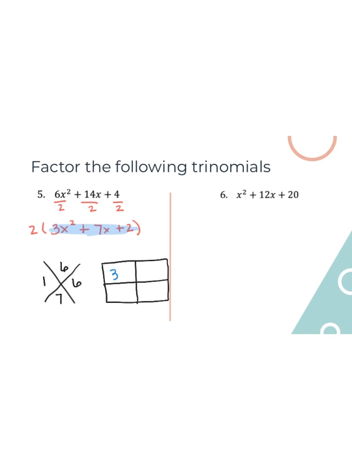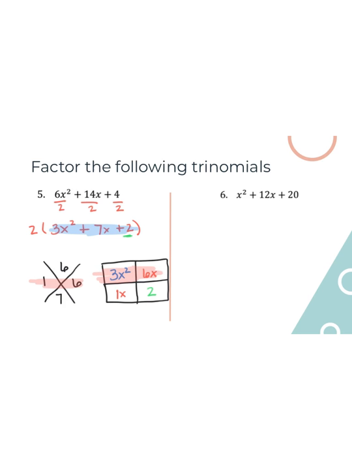So I'm going to start with a 3x squared. And I'm going to use this. And I have a 1x and a 6x. And finally, I'm going to end with my c value, which is a 2. And go through and pull out my greatest common factor, 3x and 6x.